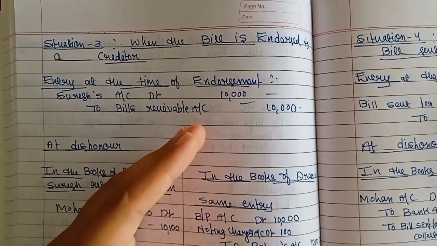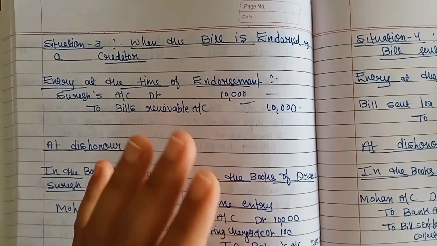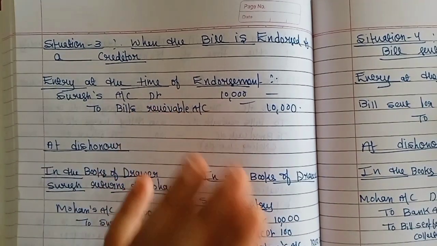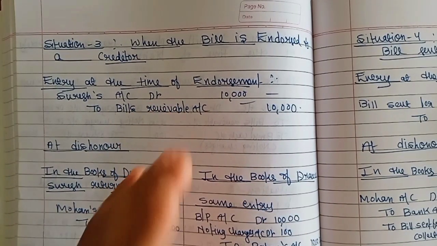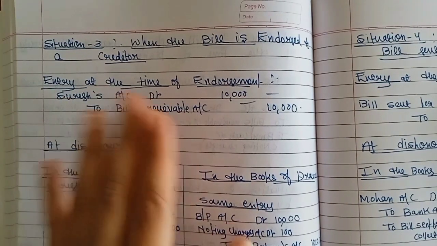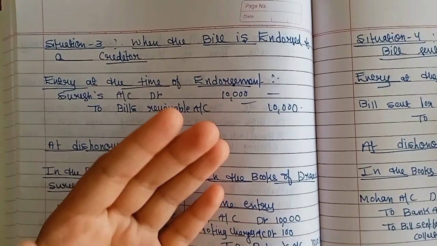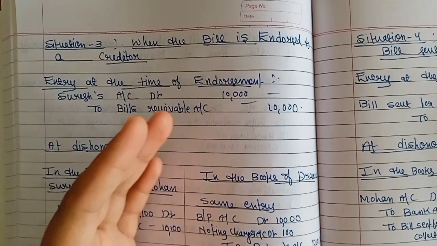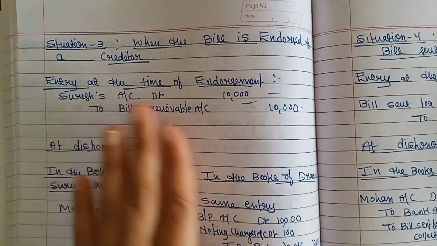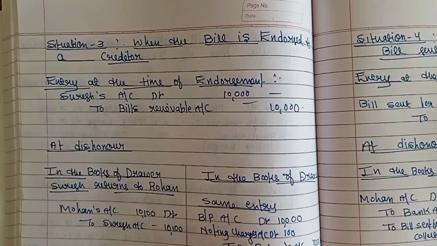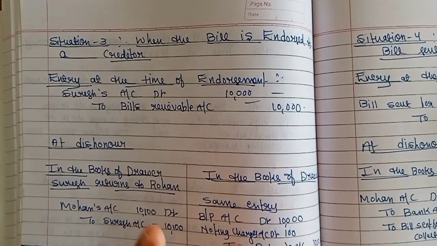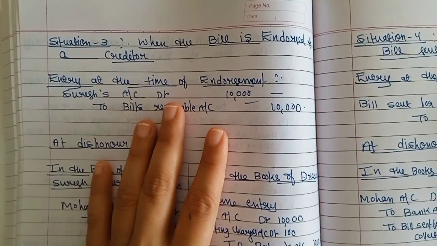For example, Rohan is the drawer in our case. He already owed money to Suresh. Here the endorsee is Suresh. So instead of paying cash to Suresh, what will Rohan do? Rohan gave Mohan's accepted bill to Suresh. The person to whom the bill is given is called the endorsee.